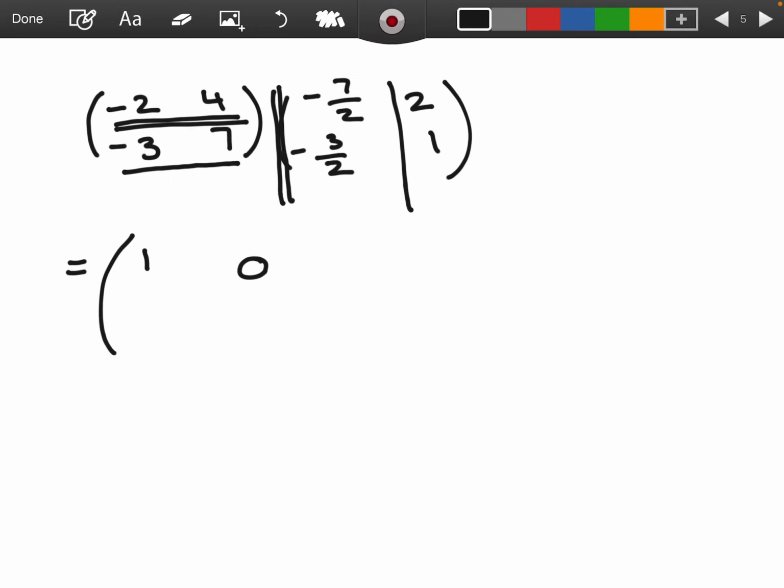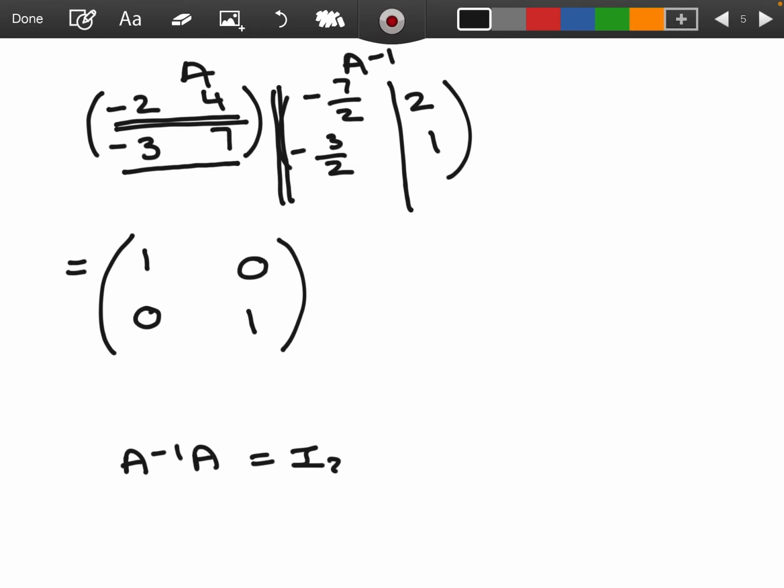Then we've exhausted the columns in the second matrix, so we move to our next row. Row times column gives me 21 over 2 minus 21 over 2, which is 0. And then I get negative 6 plus 7, which gives me 1. So I get the identity matrix back.